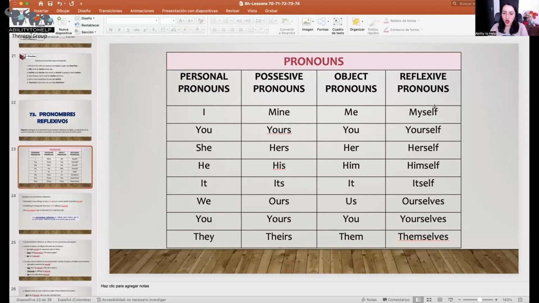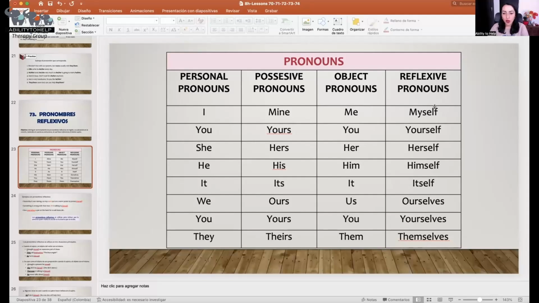In this chart, you could find all the pronouns. The reflexive pronoun is the topic we are learning today. So that's why I'm going to explain this one to you.